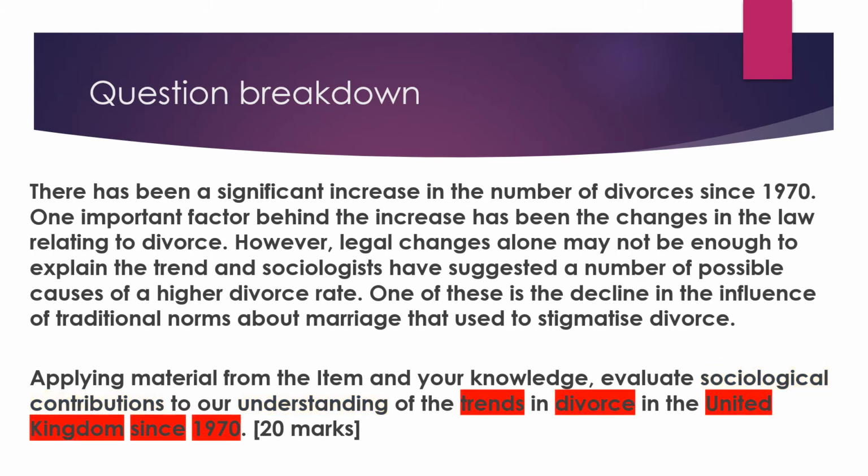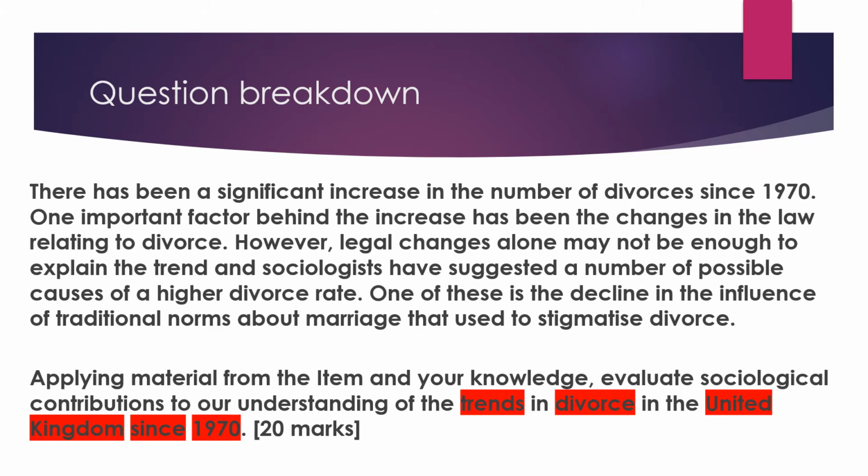So the next bit is we're looking at trends, which is whether they've gone up or down. We're looking at divorce, which is the legal termination of a marriage. And we're looking at the United Kingdom since 1970. So we've got a time scale, the last 50 years. This isn't too much of an issue for divorce because a lot of the key changes began around 1969 with the introduction of divorce reform law.